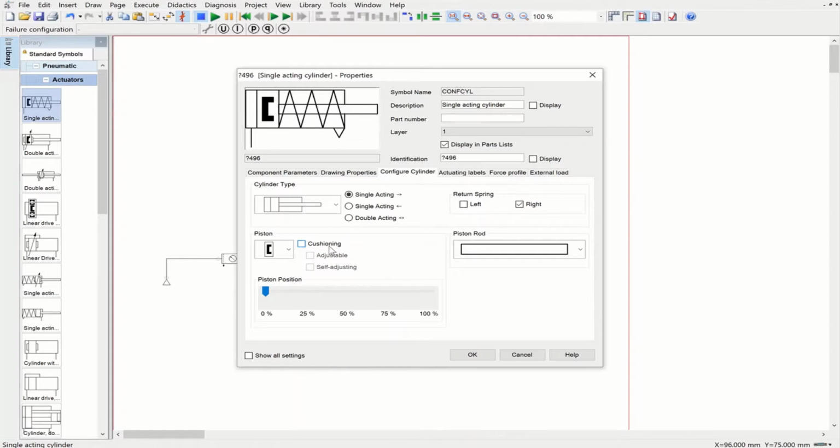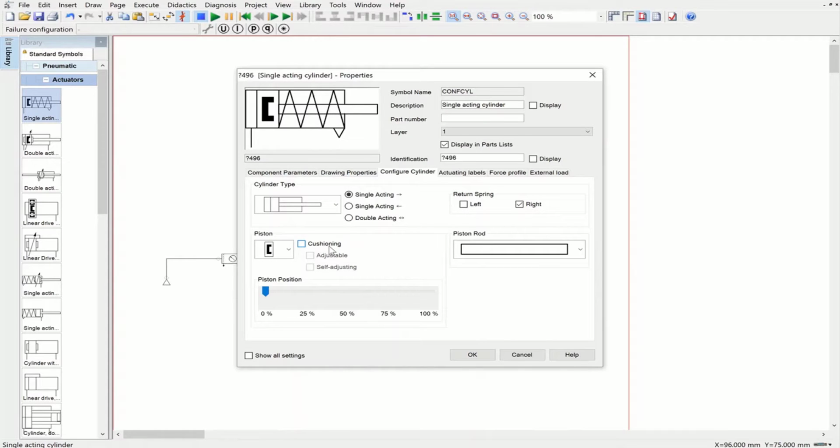The good point about adjustable cushioning is that, because we have that sort of cushioning inside, it is possible to have some sort of oscillation, and with the capability of cushioning, we can reduce the amount of oscillation happening there. So that is one of the advantages that we have.